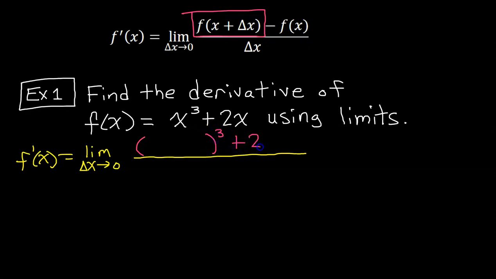All right, and here's 2x, and I'm going to put another parentheses. So all of this is function f. Now inside, instead of having x, I'm going to put x plus delta x. That's what it means when they say f at x plus delta x. It means plug in x plus delta x into the function.